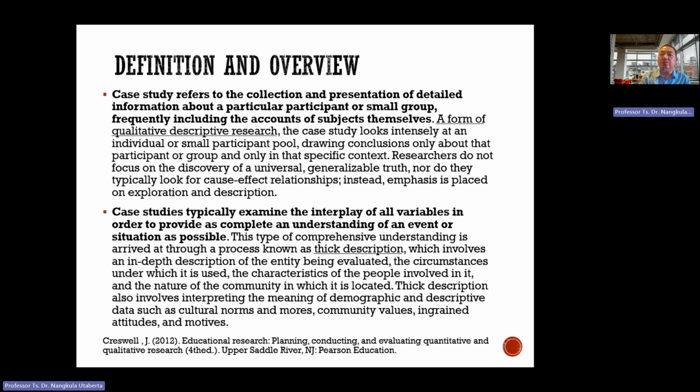We are trying to do comparisons and also reach consensus understandings on what we believe to be representations of the samples that we refer to. A case study typically examines the interplay of all variables, so it focuses on thick descriptions. This refers to Creswell in 2012, when he talked about educational research.